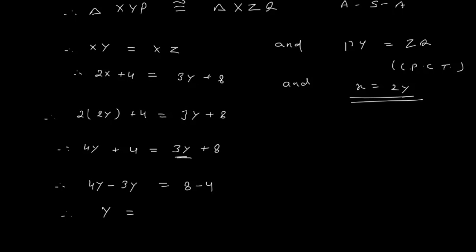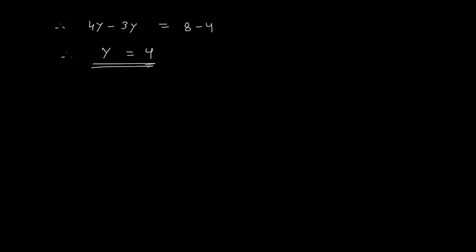Therefore this is y. Y is equal to 8 minus 4, which is 4. So the value of y is 4. Therefore x is equal to 2y, which is 2 into 4, equal to 8. So finally we have x is 8 and y is 4.